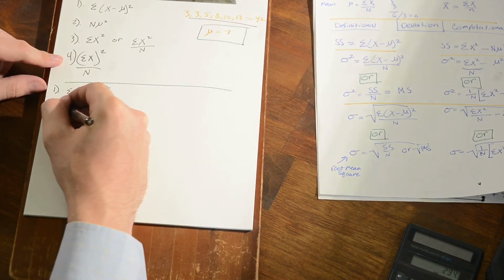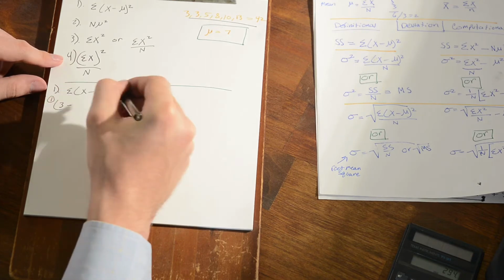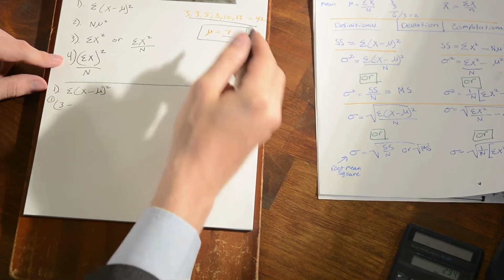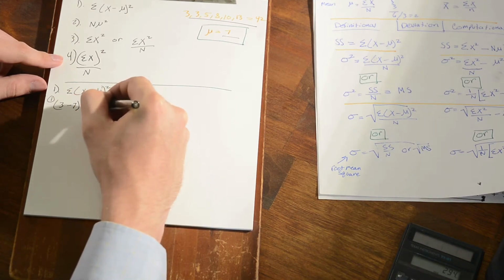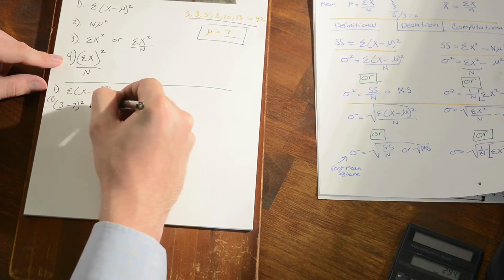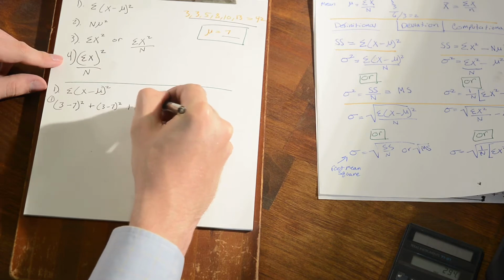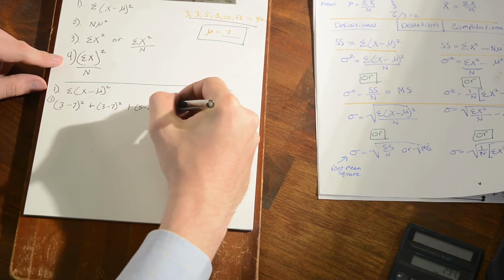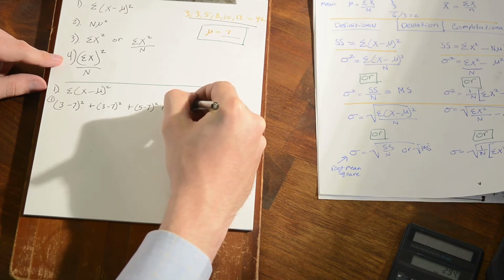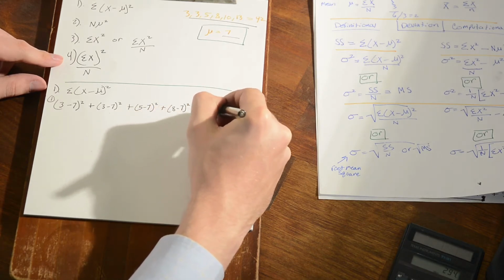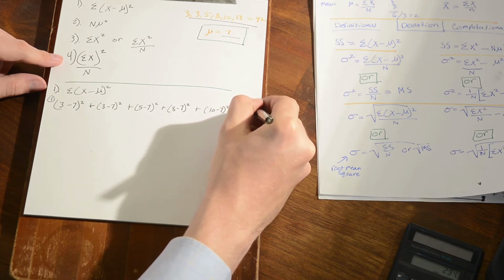So we're going to have 3, we'll mark this step 1. We're going to have 3 minus mu. What was mu? 7. So 3 minus 7 squared plus 3 minus 7 squared plus 5 minus 7 squared plus 8 minus 7 squared plus 10 minus 7 squared plus 13 minus 7 squared.